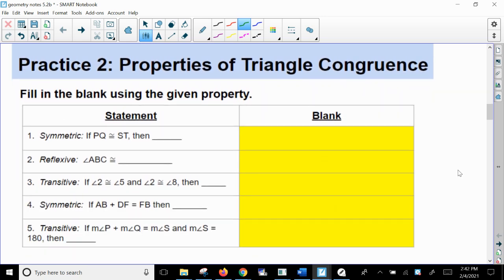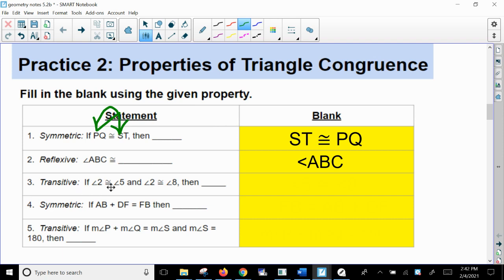How about if you fill in the blank, given which property to use? So, symmetric property. If PQ is congruent to ST, then. So remember, symmetric means to flip. We're doing this. So what goes in the blank? That means ST is congruent to PQ. Reflexive. Reflexive means same exact thing. Angle ABC is congruent to angle ABC. Do not mix any letters up. Transitive.